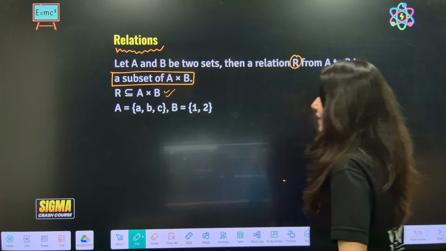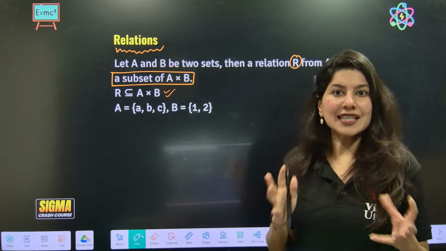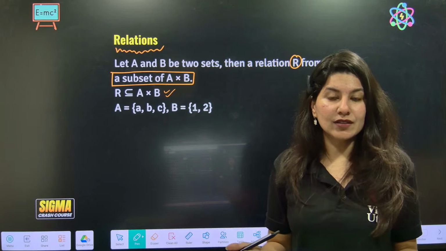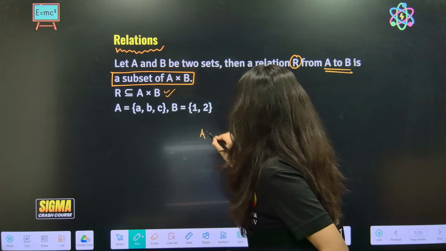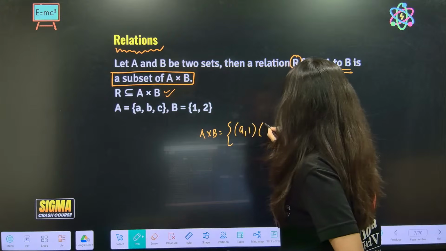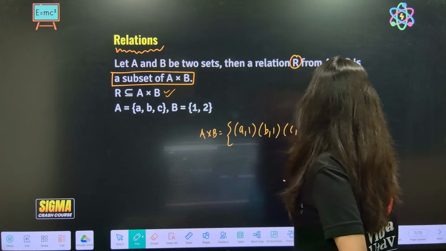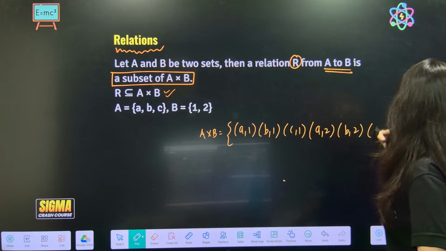Okay, right? Now, ma'am, can you explain what exactly is a relation? So A cross B, which you have calculated, will have A comma 1, B comma 1, C comma 1, then A comma 2, B comma 2, C comma 2.